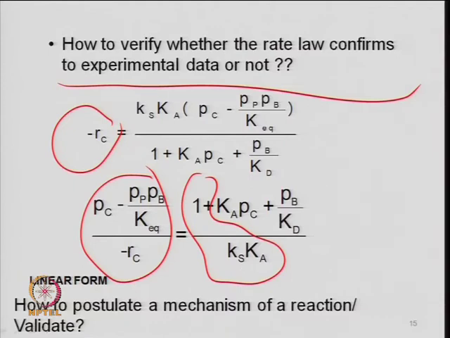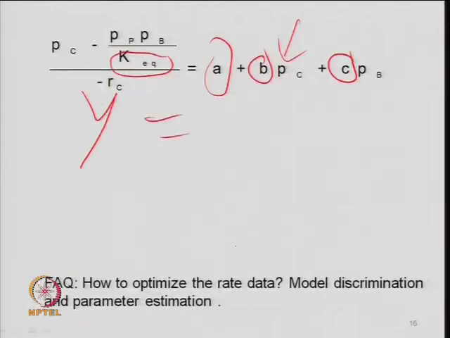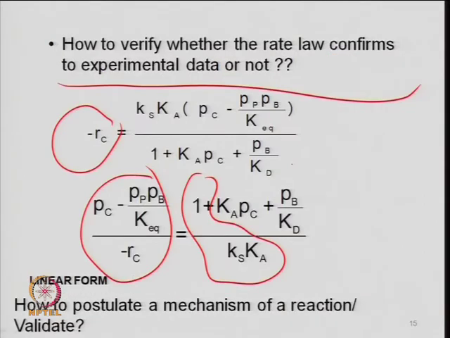Similarly, K/(k_s k_a) is the second parameter, so it is basically 1/k_s, your b is simply 1/k_s here. And the third one is 1/(k_d k_s k_a). So, that is the total of three parameters. These are k_a, k_s, k_d, and these can be determined experimentally by selecting the proper experimental conditions.